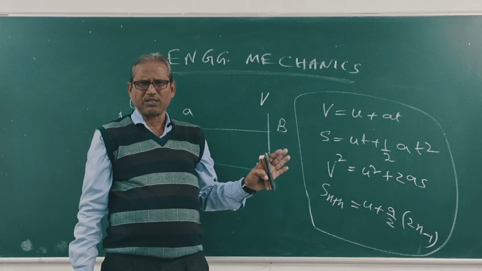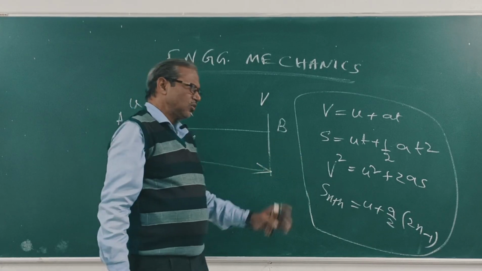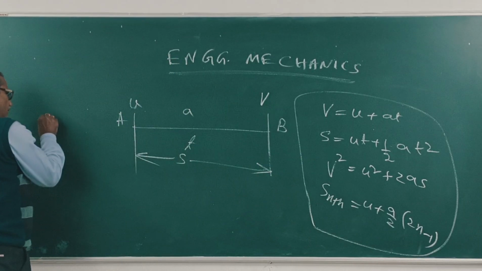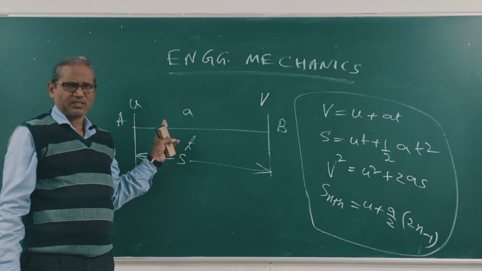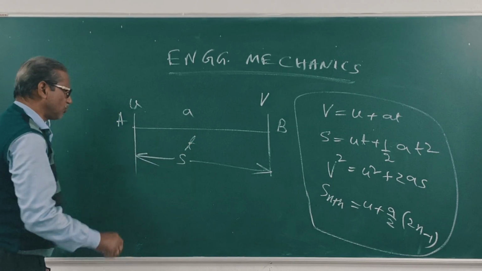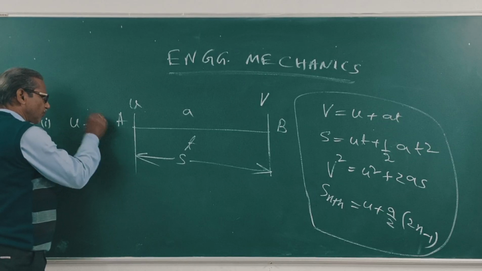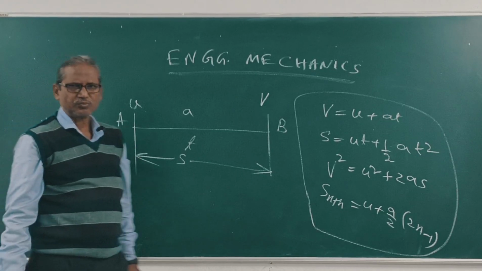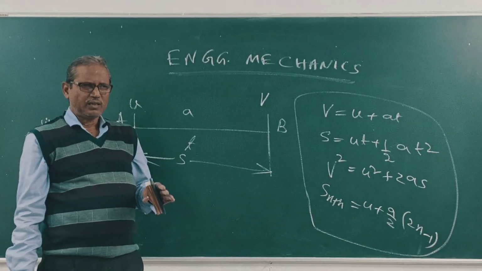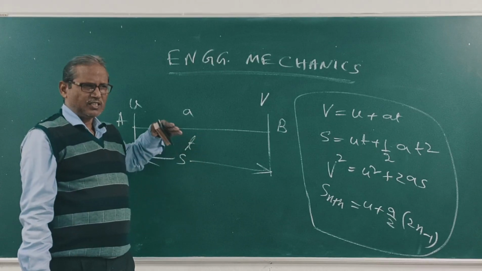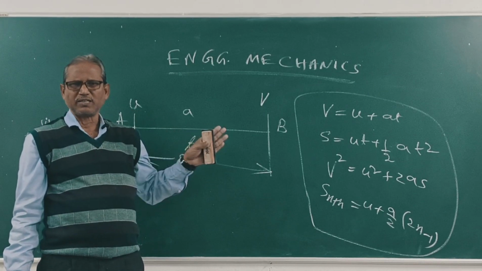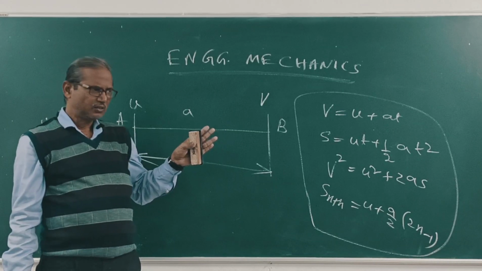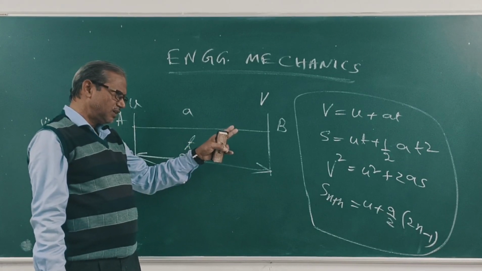Again, there are some conditions, some notes. One is, if the body starts from rest, then u = 0. Clear? The body starts from rest, its velocity increases from 0 to v, so there should be acceleration. So in this case, u is 0.